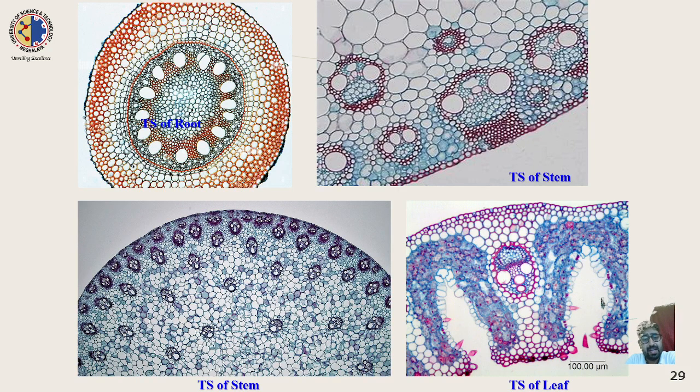This is one of the most characteristic features, and inside this TS you will find a permanent pith area. The pith is made up of parenchymatous cells, and in the center portion of this first picture, it is well developed. The cortical region, the dermal tissue, and the ground tissue are numerous layered.